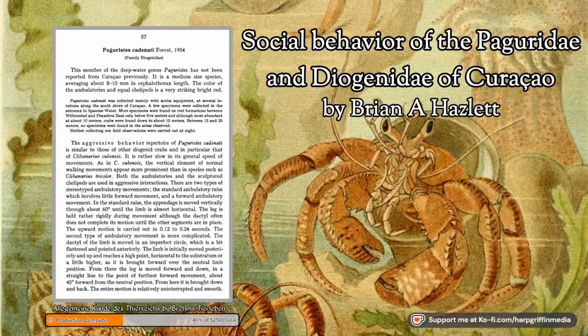The second type of ambulatory movement is more complicated. The dactyl of the limb is moved in an imperfect circle, which is a bit flattened and pointed anteriorly. The limb is initially moved posteriorly and up and reaches a high point, horizontal to the substratum or a little higher, as it is brought forward over the neutral limb position.